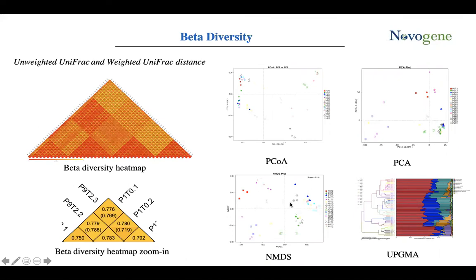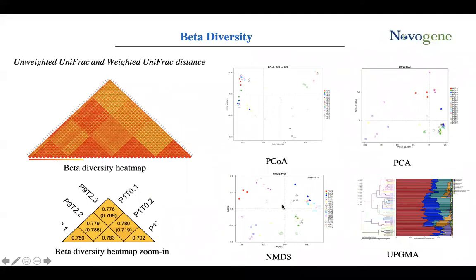And non-metric multidimensional scaling analysis, which is NMDS, is a ranking method applicable to ecological research. It's a nonlinear model designed for a better presentation of this nonlinear biological data structure, which aims at overcoming the flaws in methods based on linear models, including PCoA and PCA.